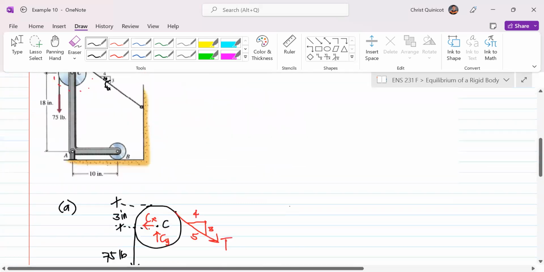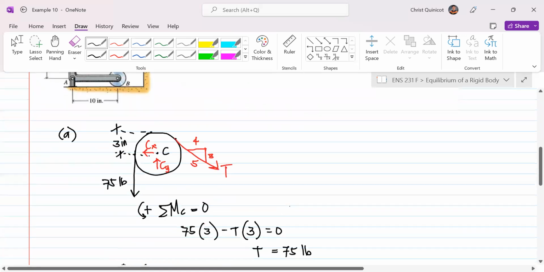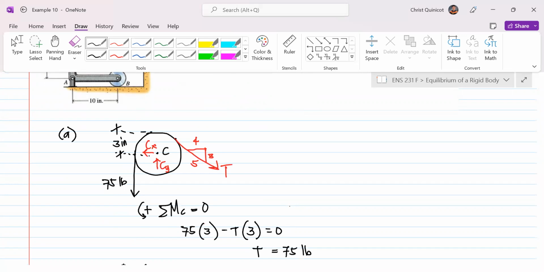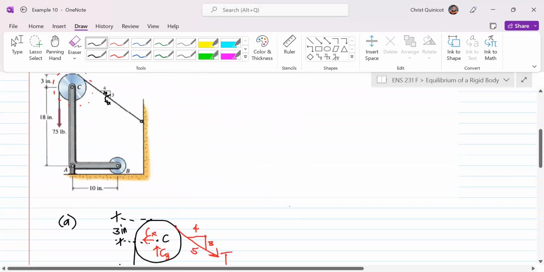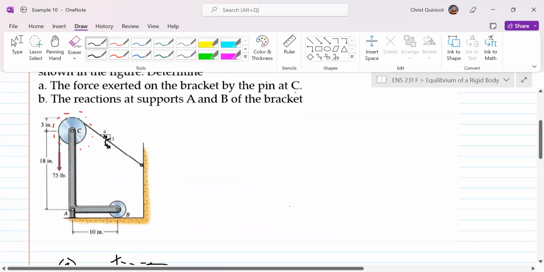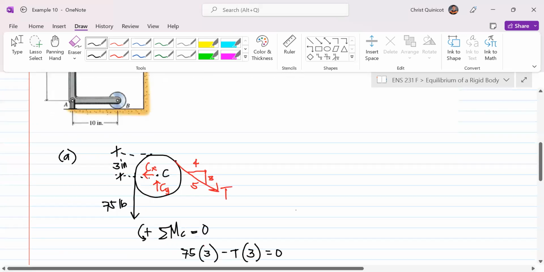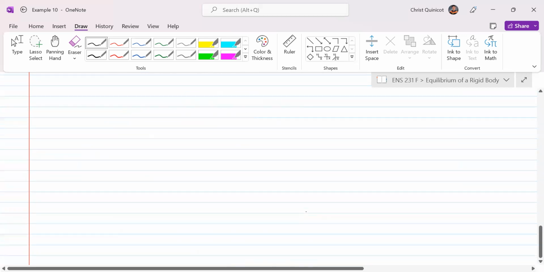Now, our C sub x is going to the left and C sub y is upward when we are evaluating the free body diagram of our pulley. Now, if we are to find the values of the reactions at supports A and B, we will change the direction of our C sub x and C sub y accordingly. So let us do our free body diagram of the bracket.